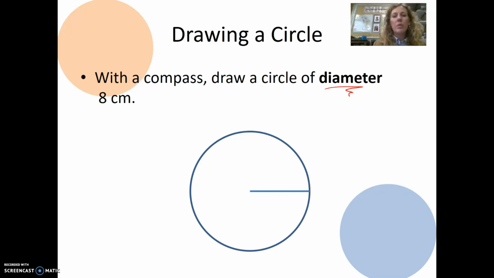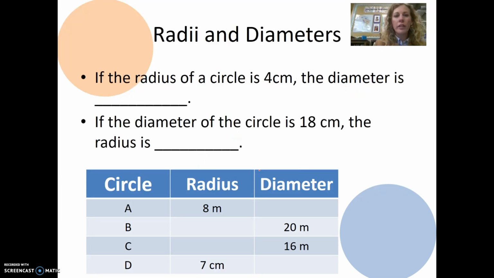And think about whether your circle is going to end up being larger or smaller than the last one you drew. Okay, then go ahead and draw a line all the way across and label that diameter 8 centimeters. And then I want you to fill in your notes below that. It says if the radius of a circle is 4 centimeters, the diameter is going to be what?